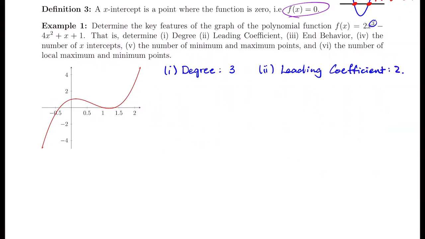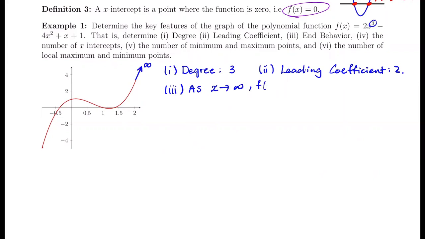All right, so stating the end behaviors now, we have to observe what happens to the graph as x approaches negative infinity or as x approaches infinity. So part 3: as x approaches infinity, meaning that as x gets larger, we would see that the graph on this side would be approaching positive infinity.